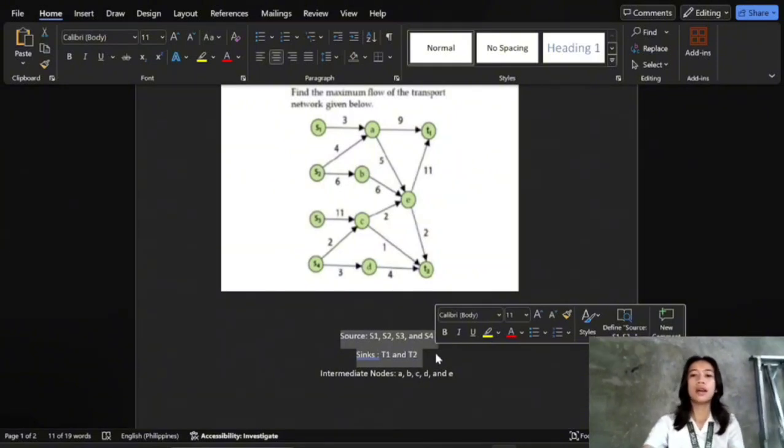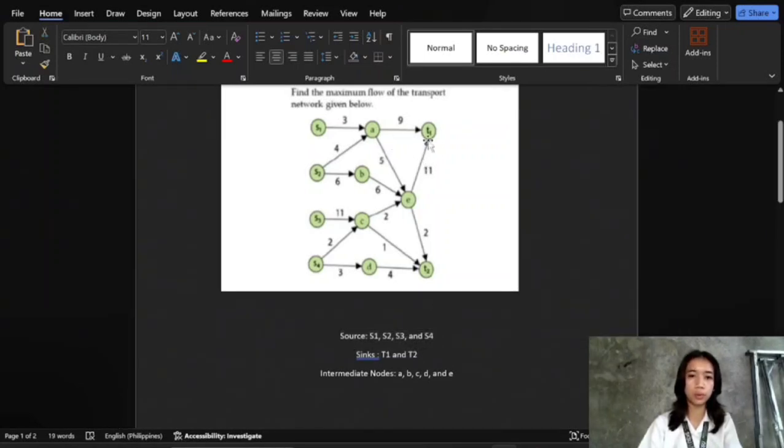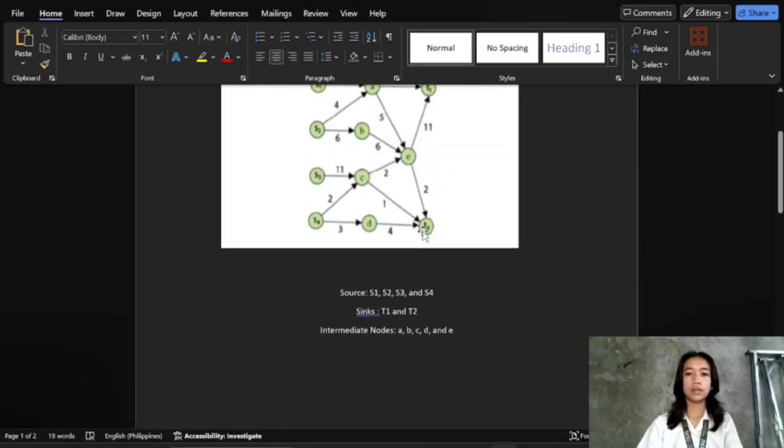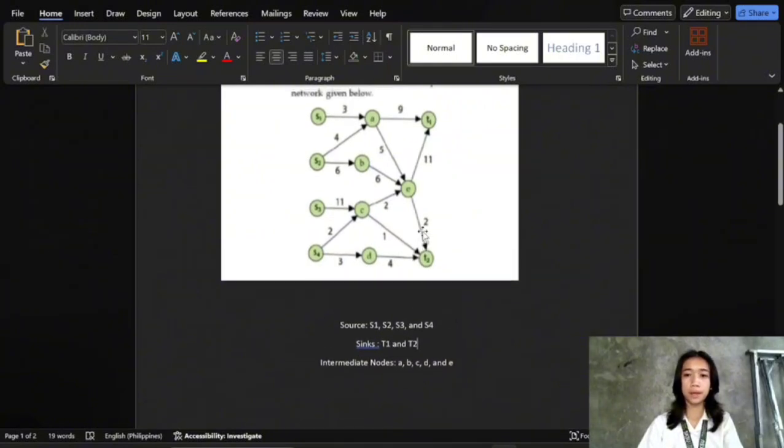Next are the algorithm steps. First is initialization. We need to start with zero flow. Next is the augmenting path search.